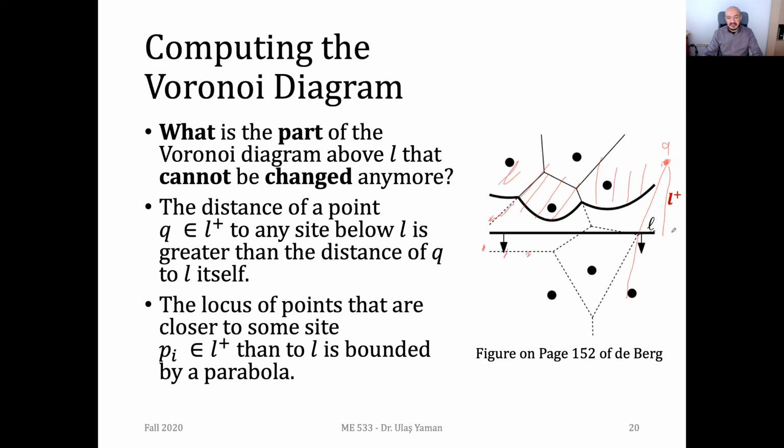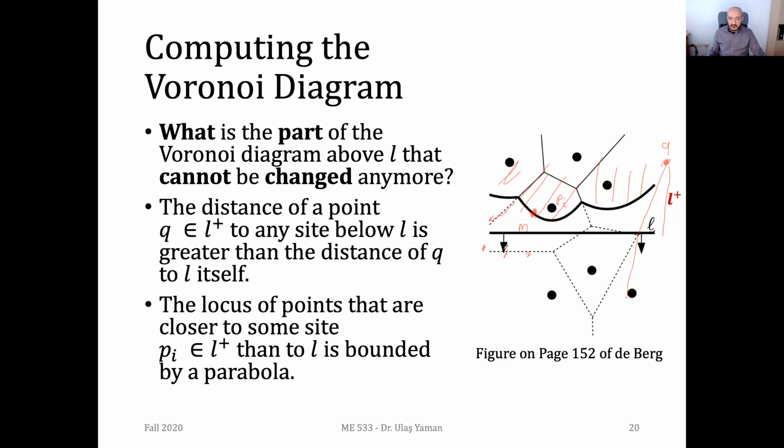Another issue, the locus of points that are closer to some site, let's say Pi, which is a member of this upper region, than to L is bounded by a parabola. So let's have a look at a point here, or assume that this is another point, let's name it as M, and assume that this Voronoi site is named as Pi.